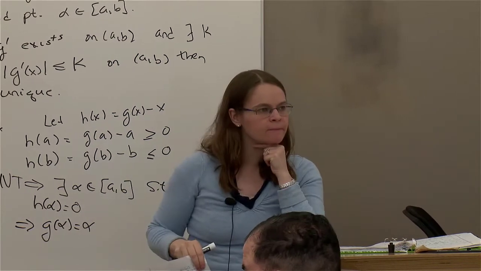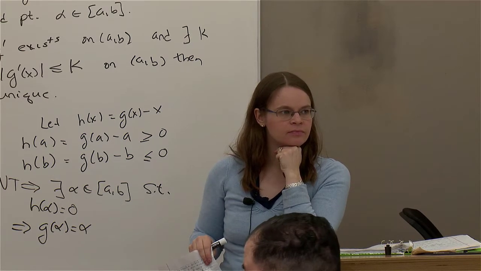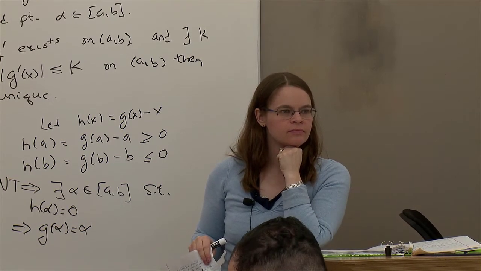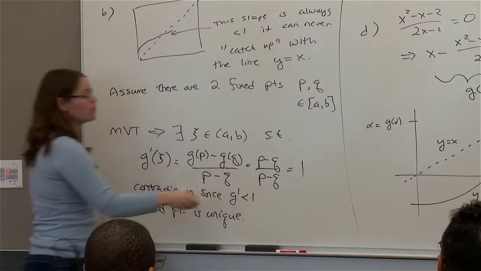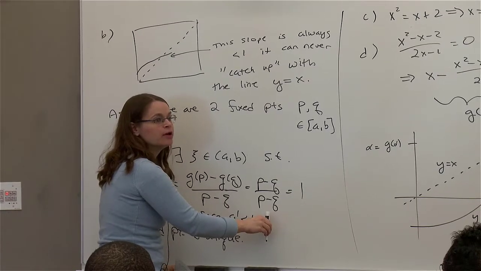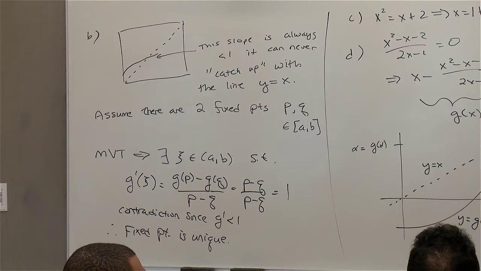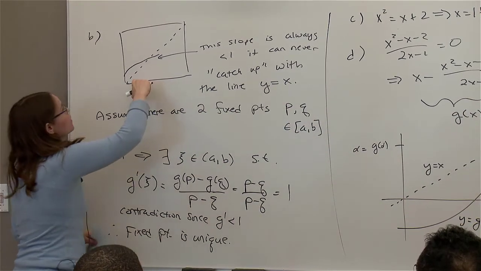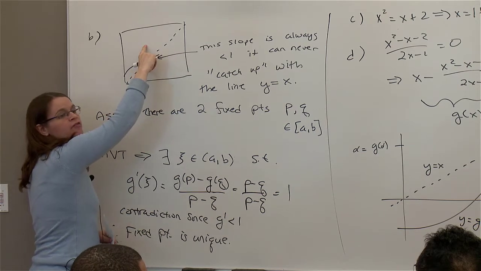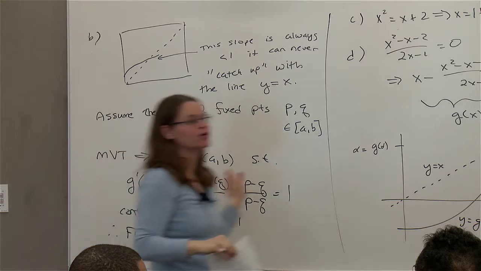So why wouldn't the statement that G prime has to be greater than 1 work in this scenario? It's because we wouldn't guarantee G crosses the line. Yeah, so what was important here was really the fact that G prime never hit 1. So you're right, that would have worked. We would have had the opposite problem here, where we come up with a steep slope, and for it to turn around and come back down, the derivative would have to get less than 1. So that would actually work here.